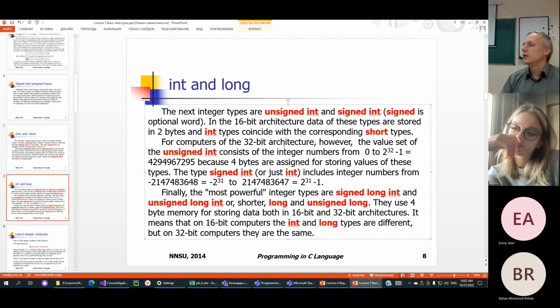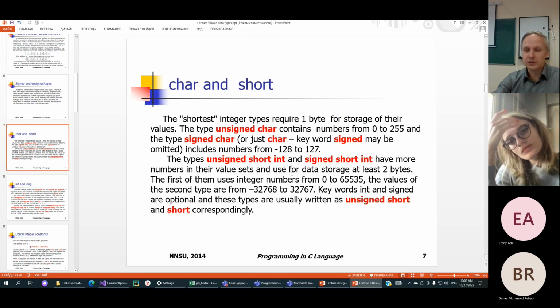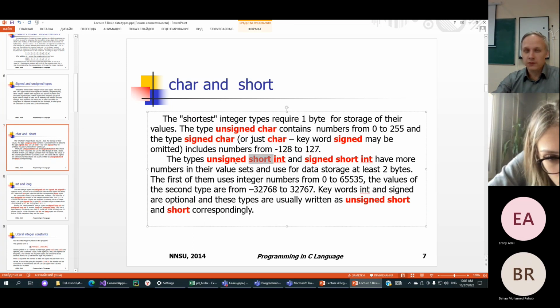Well, maybe just a small comment that there are other data types that can be used with the keyword short.